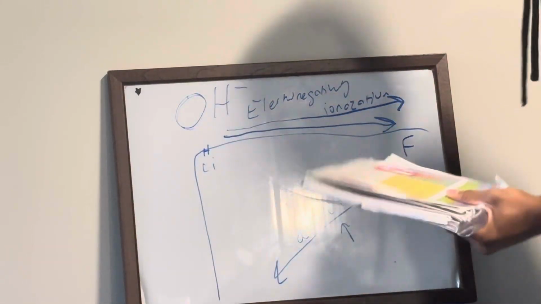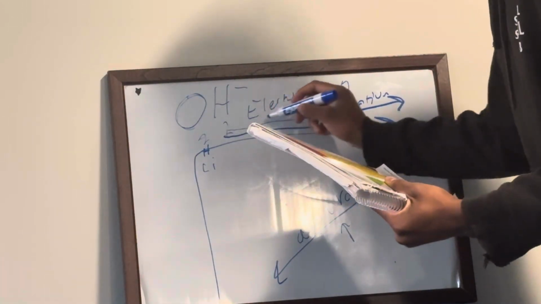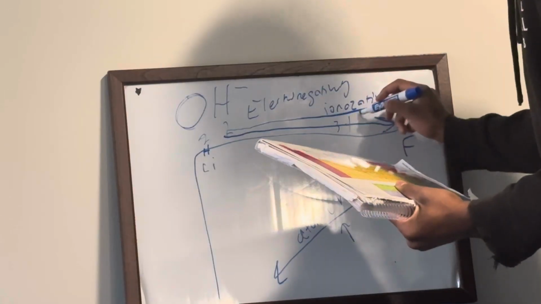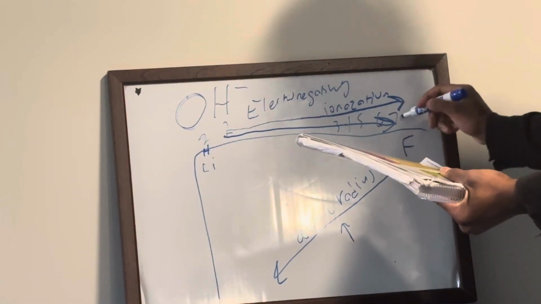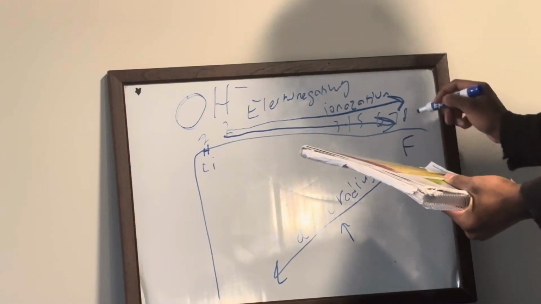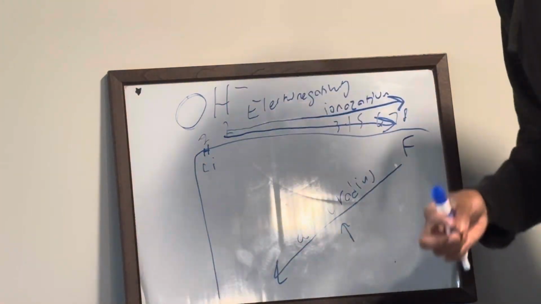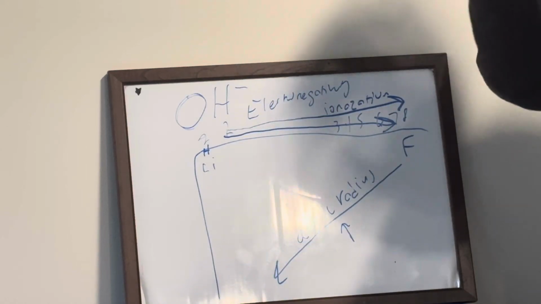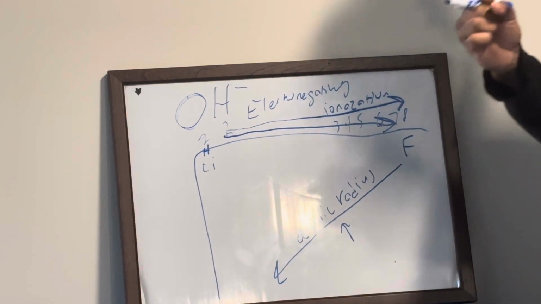So as you see on your periodic table, what is this over here? 1, 2, 3, 4, 5. It's getting more, going toward the 6, 7, 8. More electrons are fitting into this element. So the atomic radius is smaller.